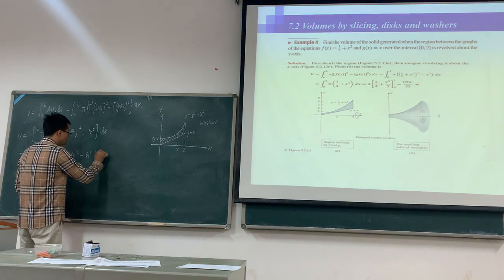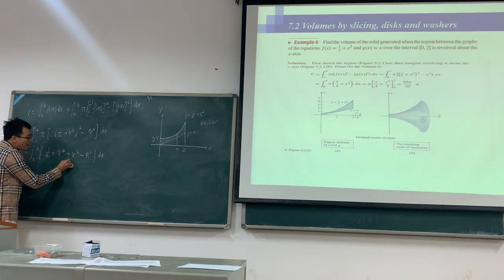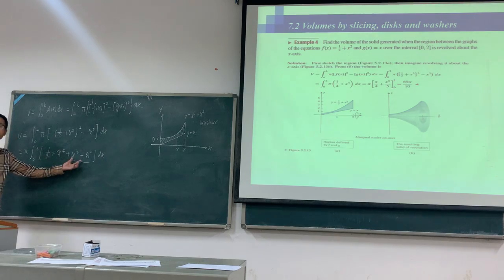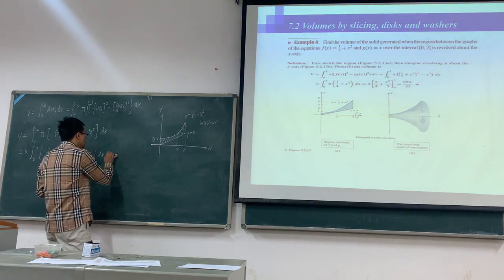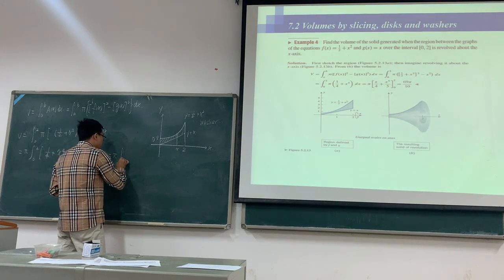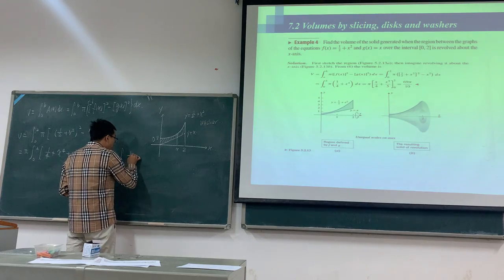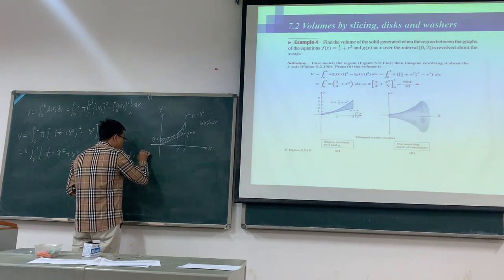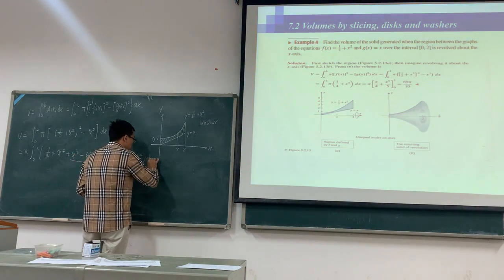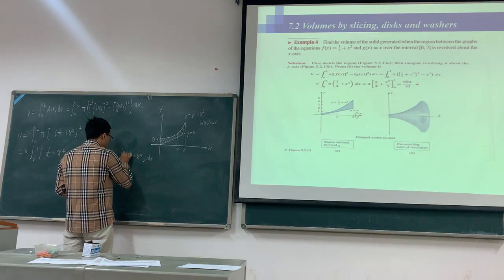The x squared terms cancel. So this equals pi times the definite integral of 1/4 plus x to the 4th power dx, from 0 to 2.